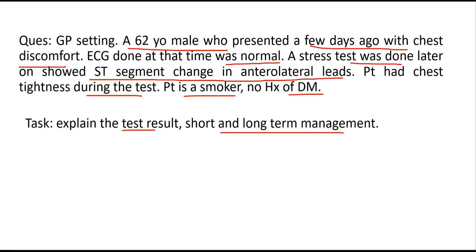You will try to find out if this patient has any angina, so you will send the patient for a stress test. And in the stress test, if the patient becomes symptomatic or there are some changes in the ECG, you can diagnose angina.